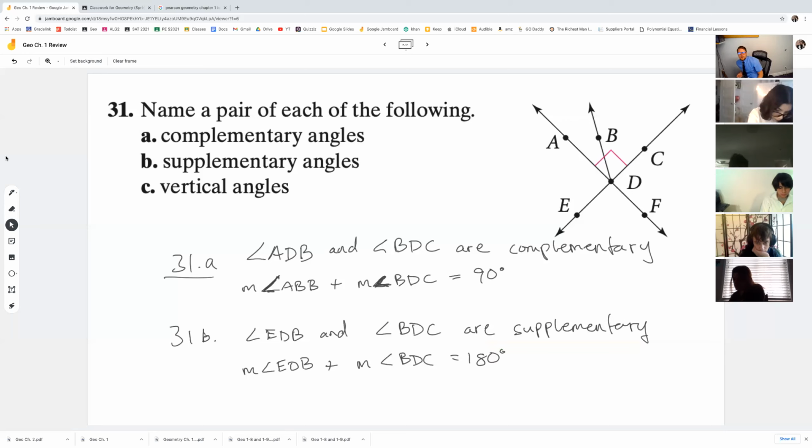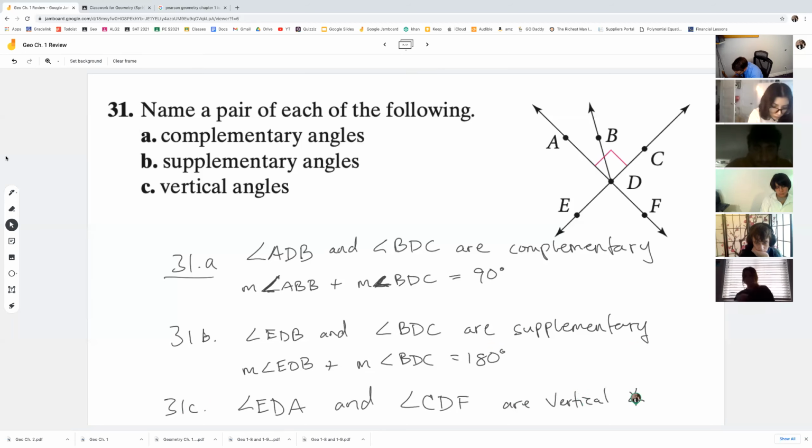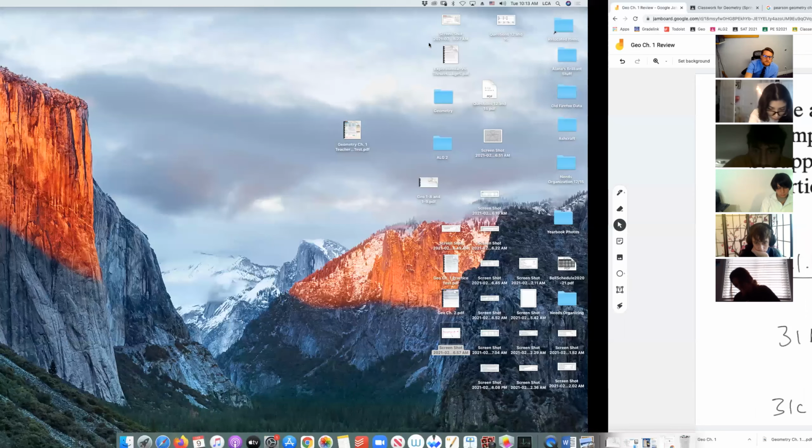Vertical angles would be EDA and CDF. EDA and CDF are vertical angles. Vertical angles are congruent. Very important to understand all of that. All right, let's continue.